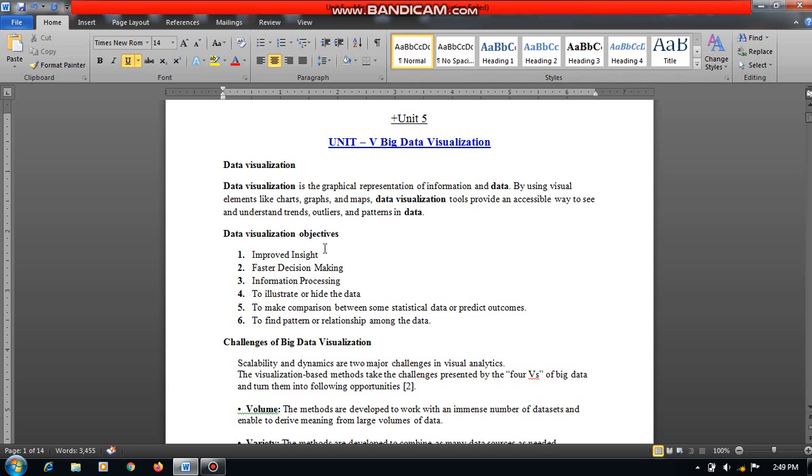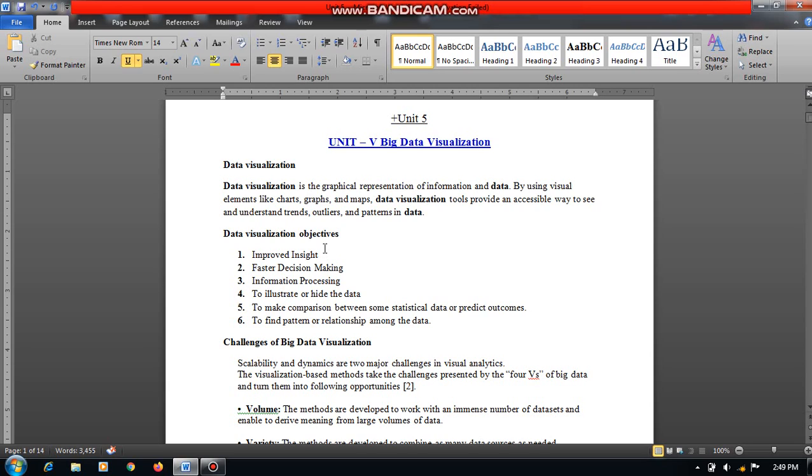The primary objective of data visualization is to communicate information in a clear and efficient manner to the user through graphical representations such as plots, statistical graphics, or information graphics. So the first objective is communicating information in a clear and efficient way.